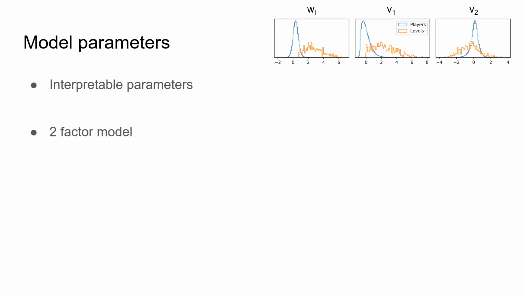In addition to investigating how many observations of the players we need, we also provide an interpretation of the model parameters. In this case, we consider the two-factor model, which provides us with 3 parameters to explain: the variable biases, Wi, and the 2 latent factors, V1 and V2.